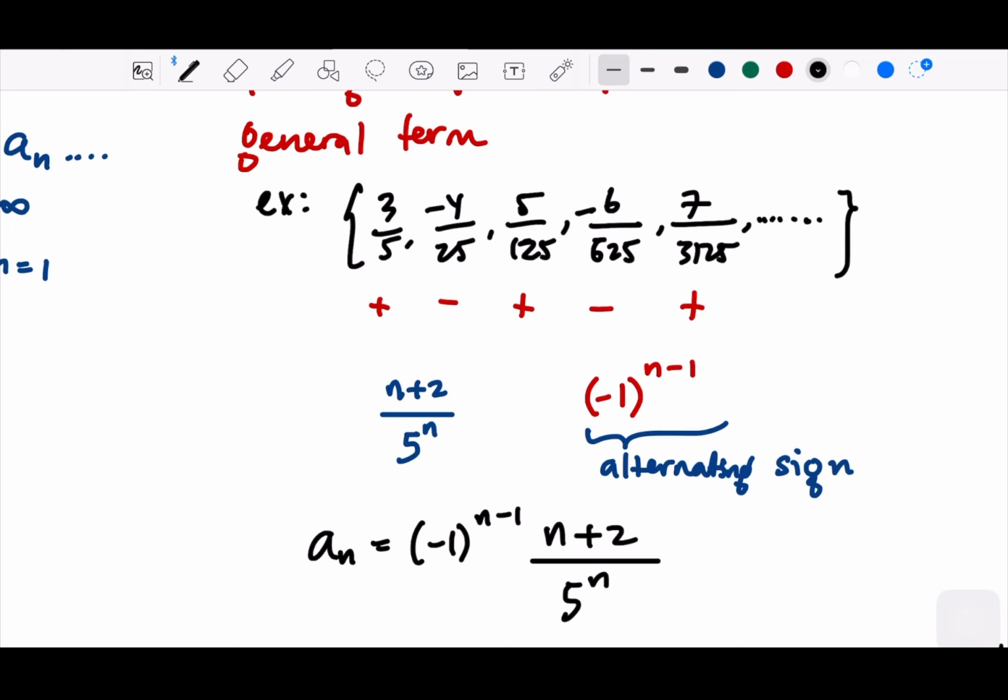So alternating signs can be just -1 with power of n, or n minus 1, or n plus 1, depending on how we see the pattern.